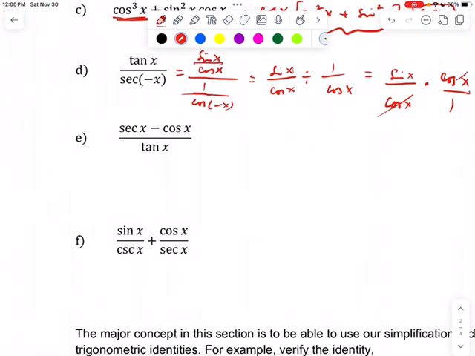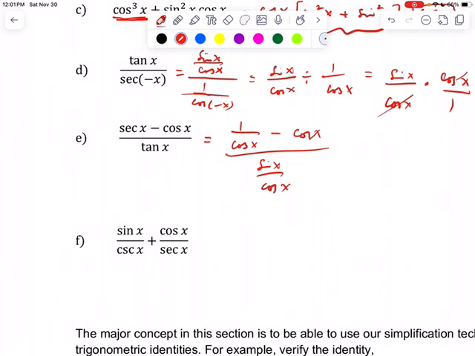So next one, secant x is 1 over cosine x minus cosine x, whole divided by tangent x, which is sine x over cosine x. Now we can simplify the numerator, make it one fraction, and then work the numerator and the denominator.